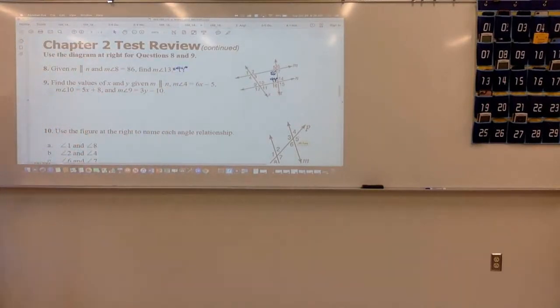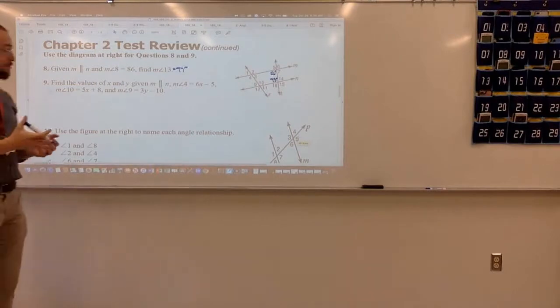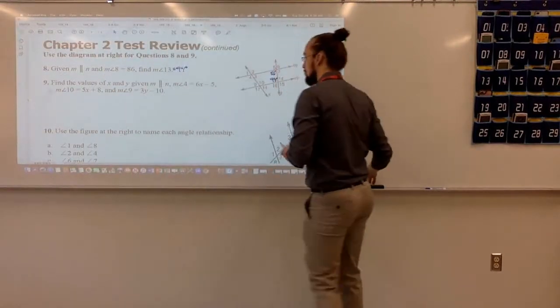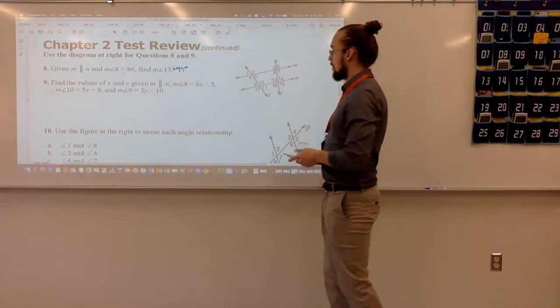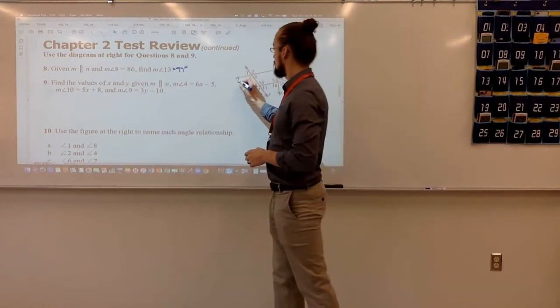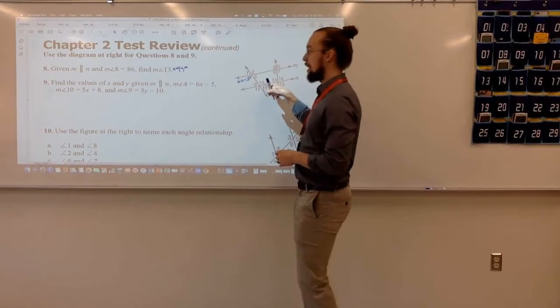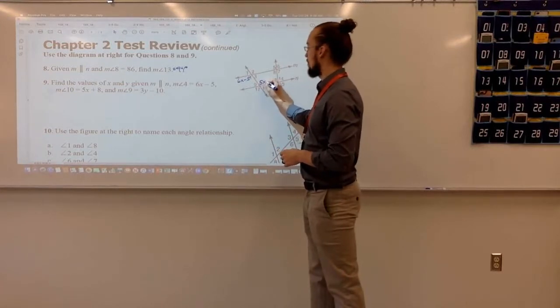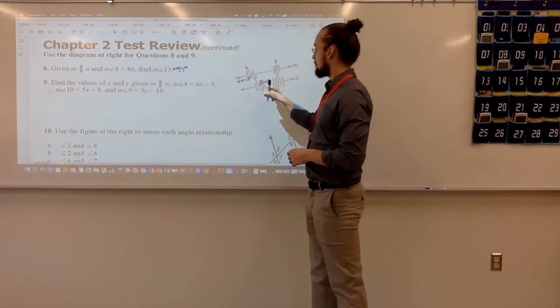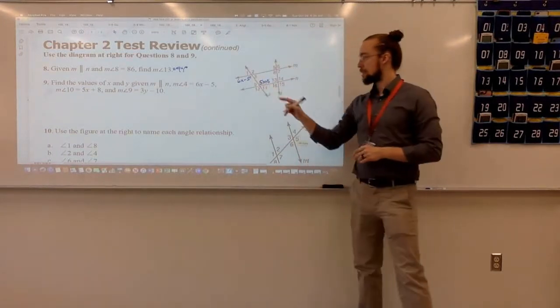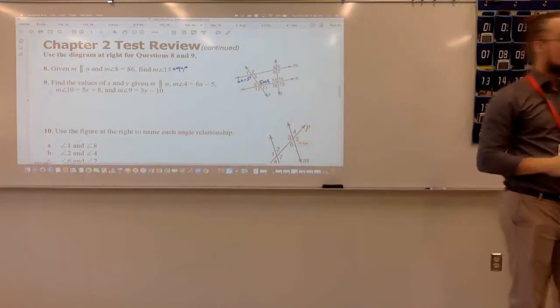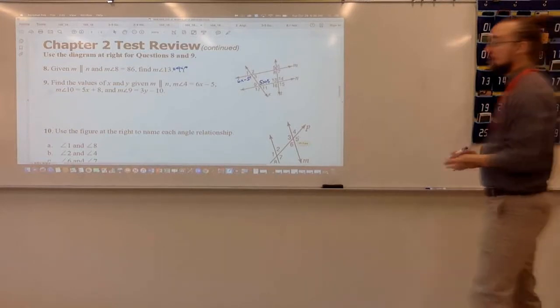Then for 9, we're given some expressions. So we're going to have to set up and solve some equations here. So I'm told angle 4 is 6x minus 5. And then I'm told angle 10 is 5x plus 8. So these 2 angles here, okay, the name of that relationship would be alternate interior.